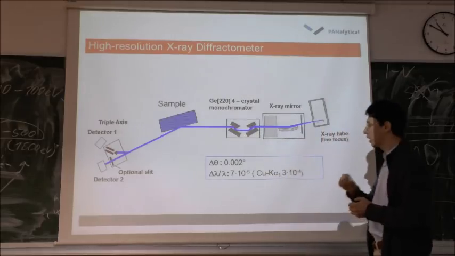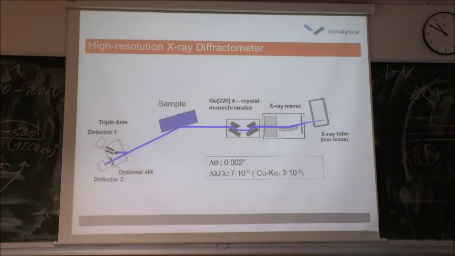And then you really have light with a very narrow distribution of wavelengths. And this can then be applied on your sample, and what you're getting out is exactly what is related to your sample. It's not related to your instrumental broadening.